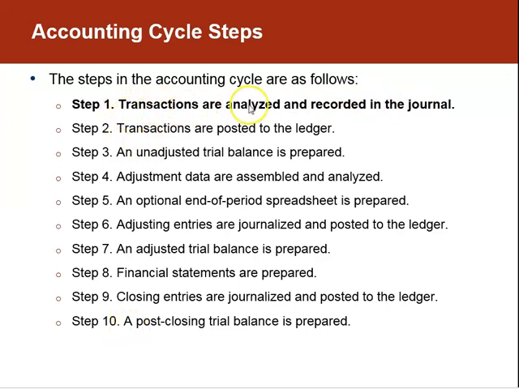Transactions are analyzed, that's step 1, and then they're recorded in the journal, that's step 2. Then we could go down, and minus this step 5 here, we would still have a 10-step process.